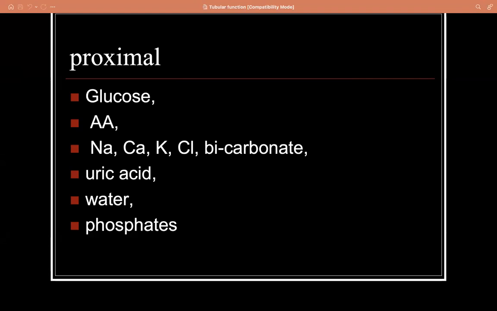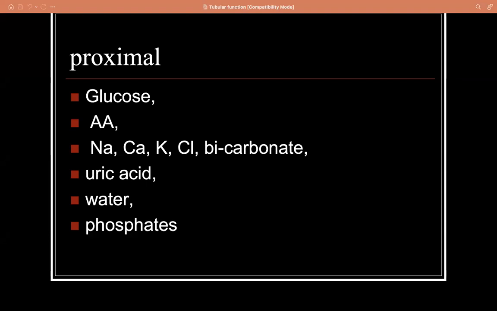You must go and ask yourself, how is glucose and amino acid reabsorbed? It's a very clear physiological process that absorbs these two. And both are absorbed by active processes. There's actually an active protein that is used to reabsorb these two, glucose and amino acids.